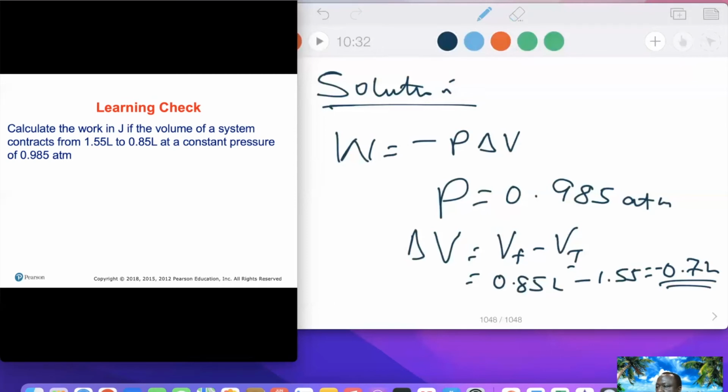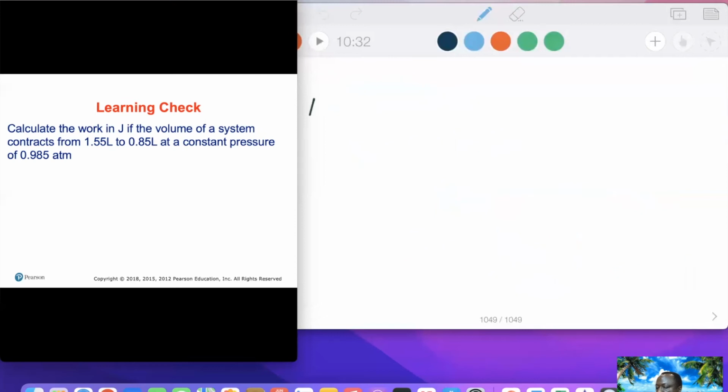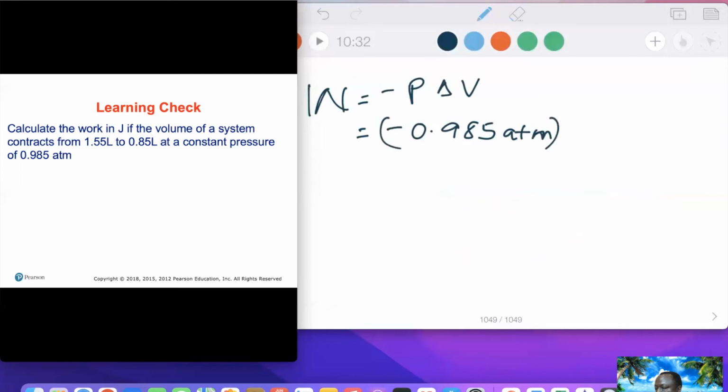So work, W, is given by negative pressure times change in volume. This is negative 0.985 atmospheres times negative 0.7 liters.